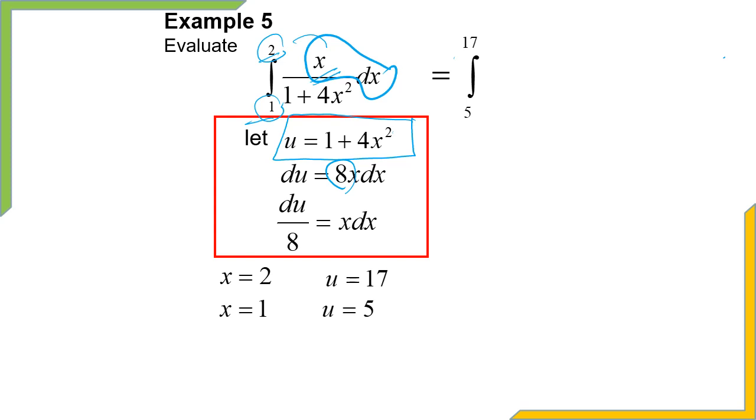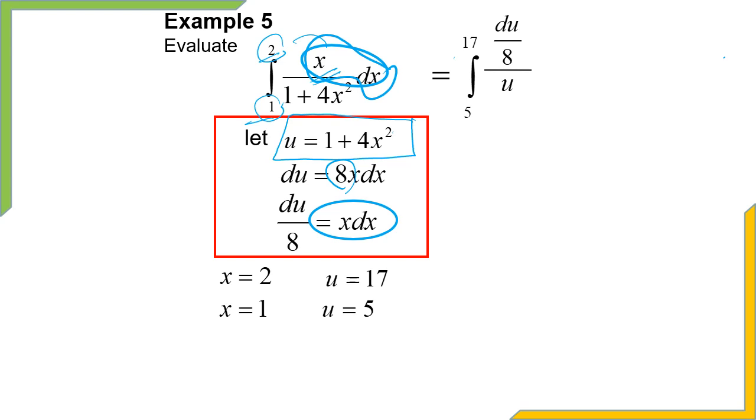So the lower limit is 5, upper limit is 17 of, what is x dx? What is 1 plus 4x squared? 1 plus 4x squared can be changed into u. So 1 over u. And then multiply by du over 8.